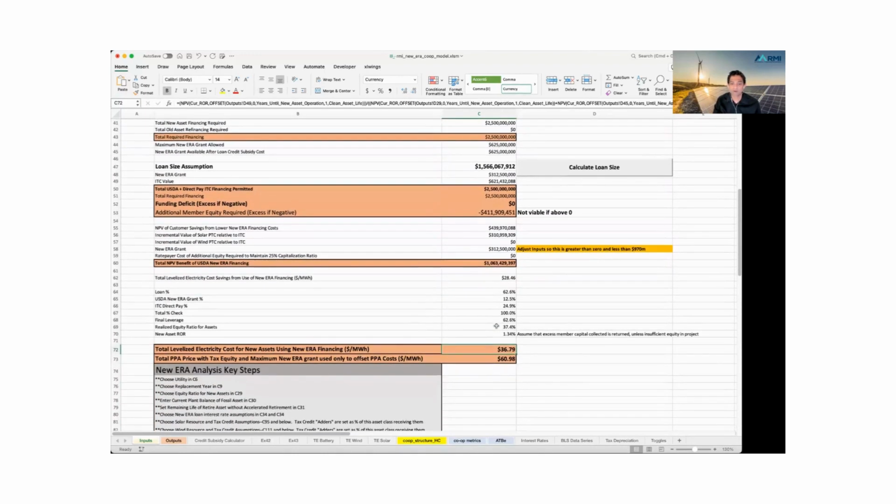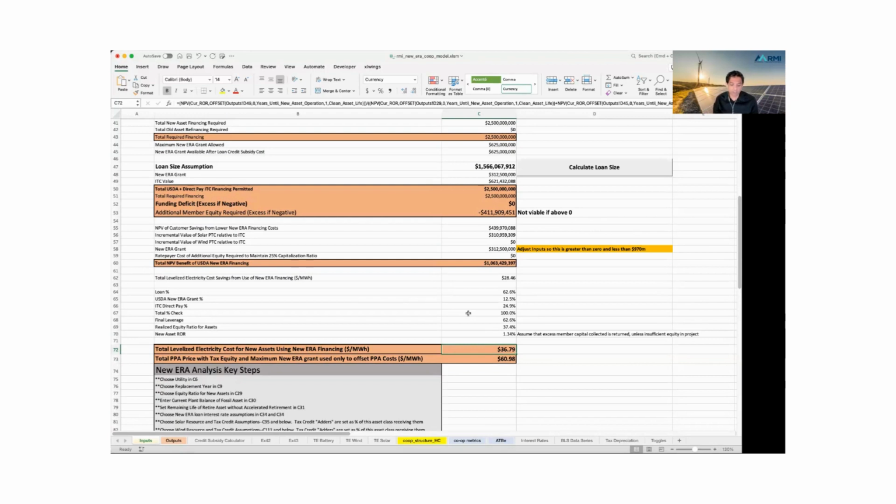We hope that it can be helpful to you as you compare different resources that you might want to deploy and the potential value of ownership of those resources relative to purchasing that power with support from the New Era program.